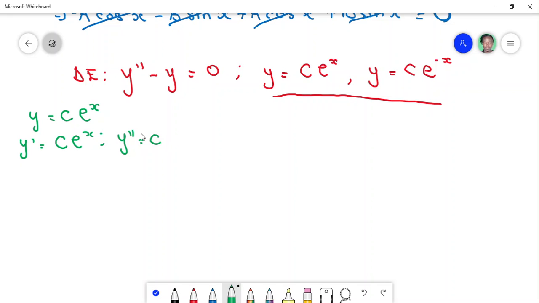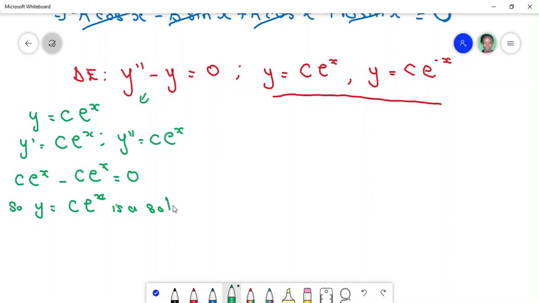If you differentiate this, you still have e to the power x. So let's substitute. y prime prime is c e raised to the power x, minus y, which was c e raised to the power x, which is equal to 0. So y equal to c e raised to the power x is a solution.